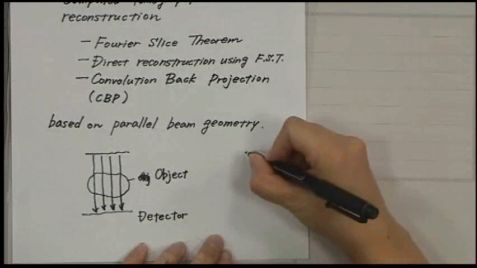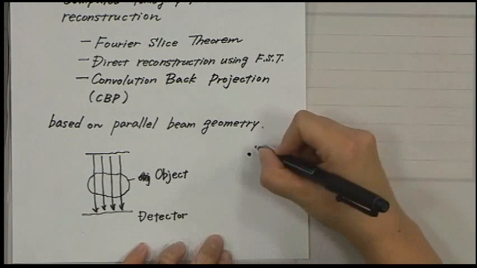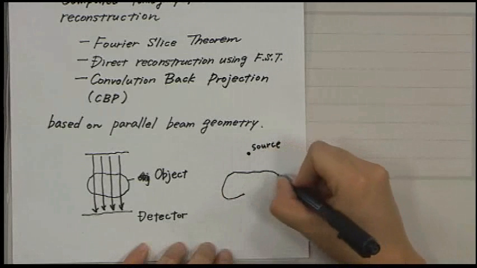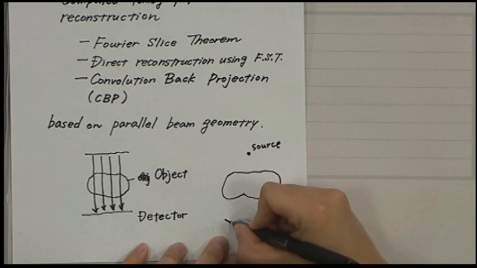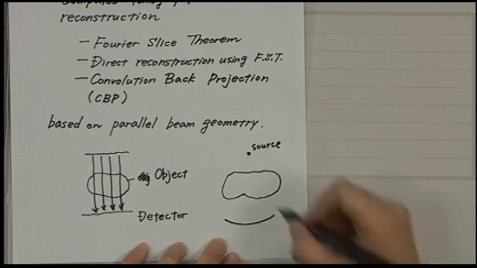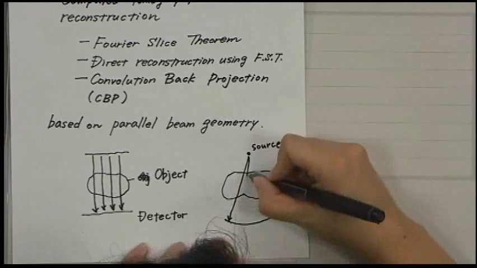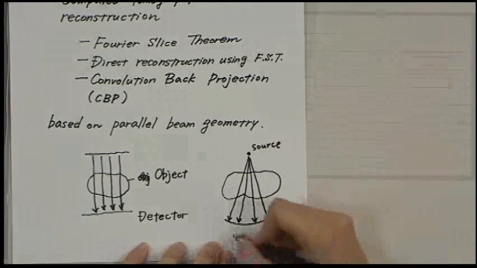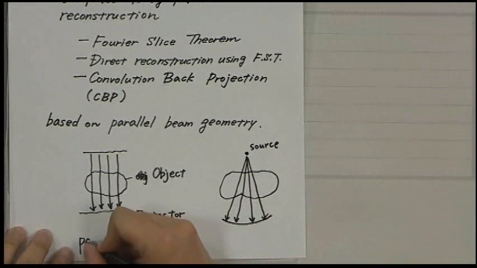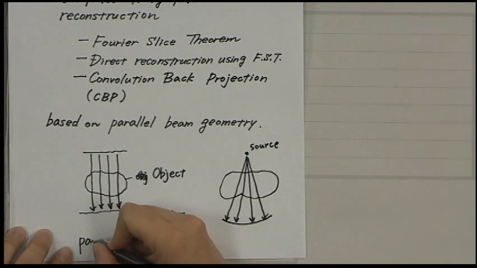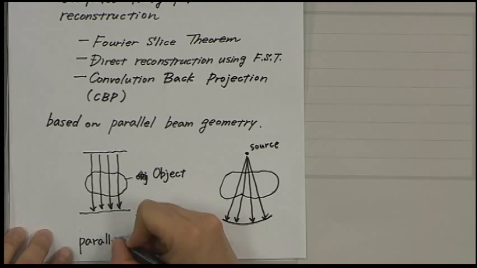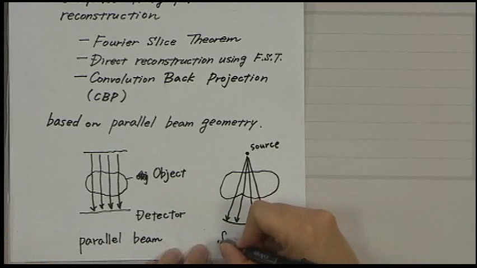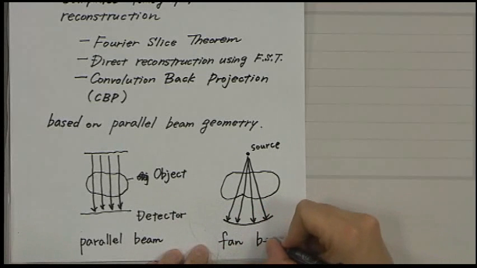And on the other hand, fan beam is there's a source, there's an object, and then this is a detector. This is parallel beam. This is a fan beam.